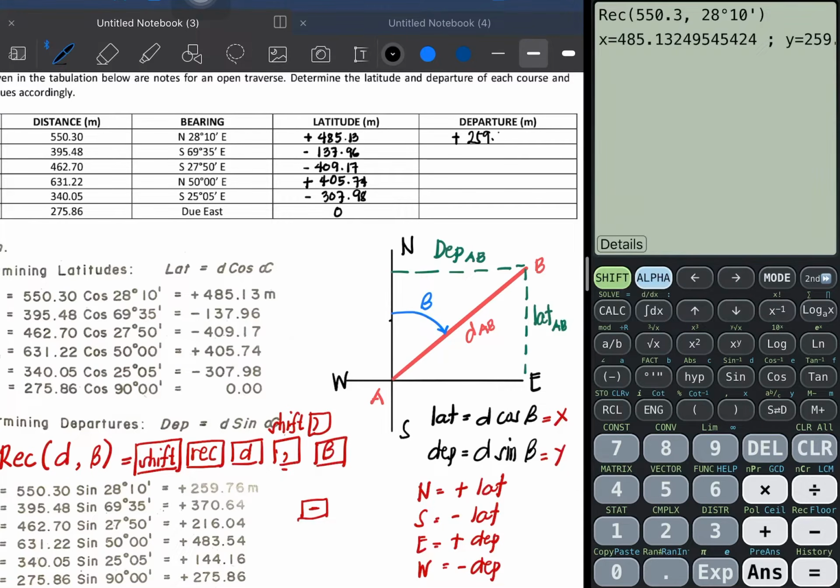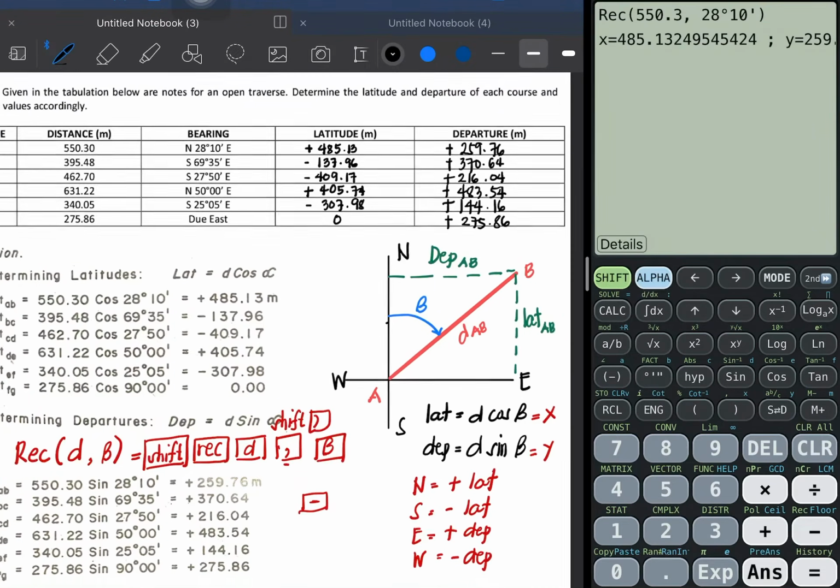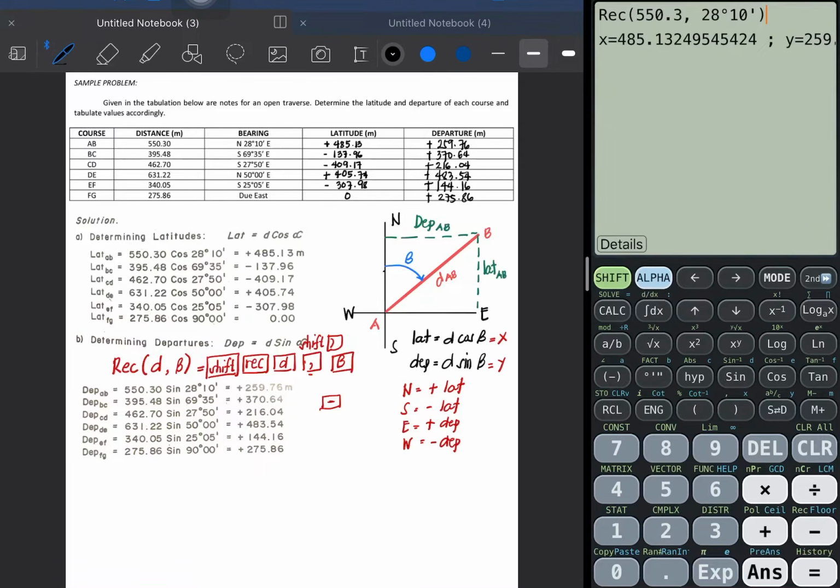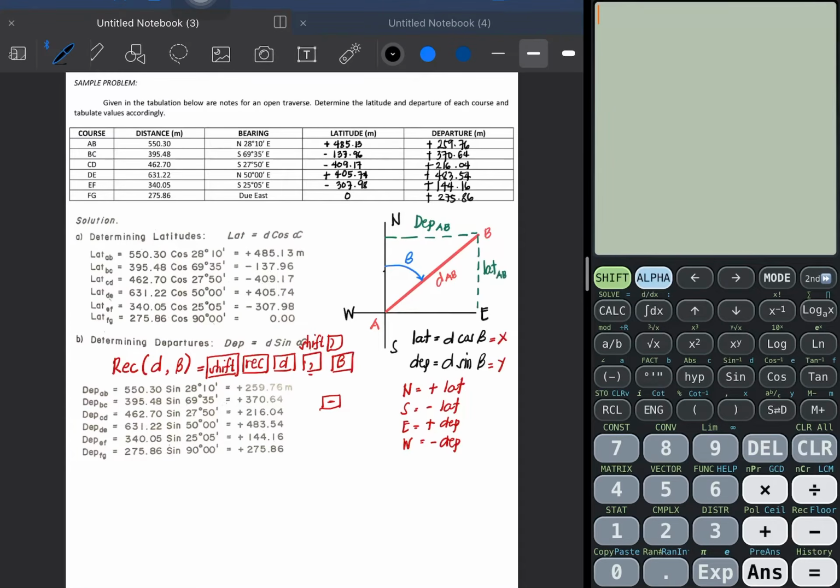So positive 259.76, then positive 370.64, positive 216.04, positive 483.54, then positive 144.16, and lastly positive 275.86.